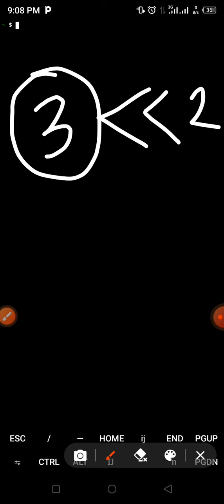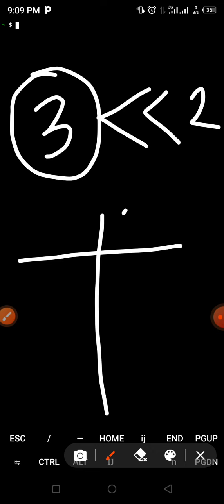I think in secondary school we were taught how to convert from decimal to binary. So let's assume we want to convert this 3 to binary. So we have 3 here, then we have 2 here. Now I want to convert this to base 2.